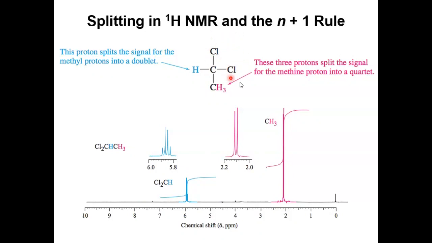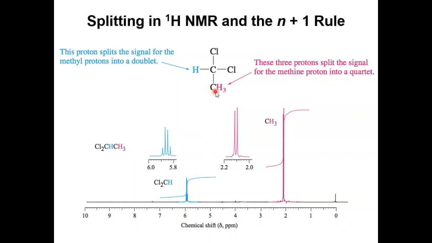If you look at these two chlorine atoms, obviously the blue proton is under the strongest influence of these two electron withdrawing chlorine atoms. So that's why the blue proton, the single one, has an extremely high chemical shift value. It's nearly 6 ppm.